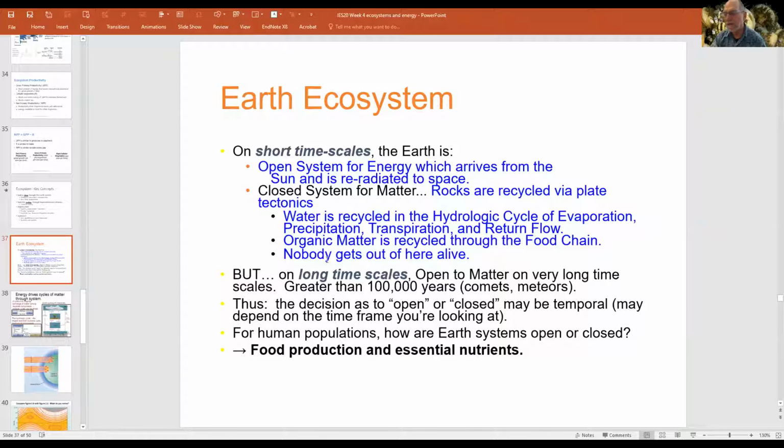If we look at very, very long time spans, the Earth may be somewhat open to matter. Comets and meteors can arrive, and there's certainly going to be a loss of gaseous material into space.